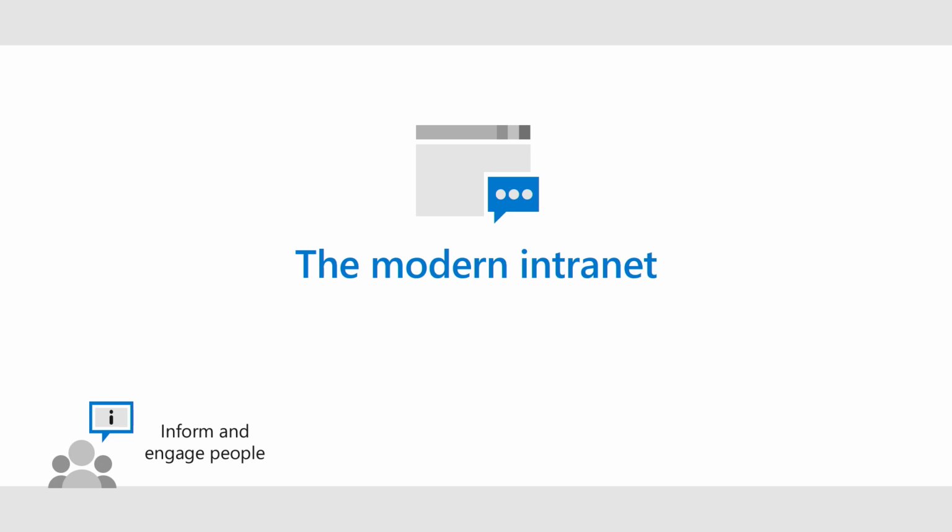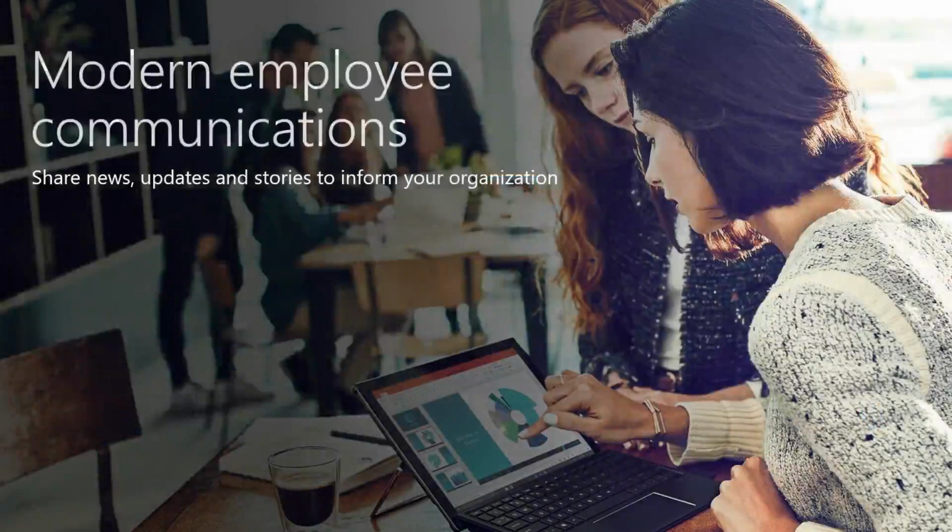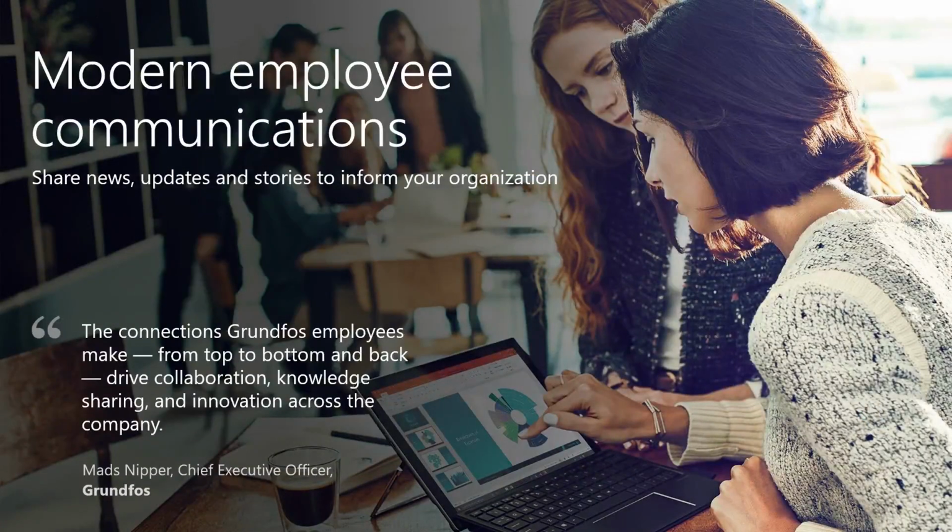I need to be able to like it, comment on it, maybe mention it. And then I also need it to be actionable. So it's not just about finding content, it's about making sure that I'm effective and I can use it to effectively target the right people for that content. And ultimately what that boils down to is modern employee communications.